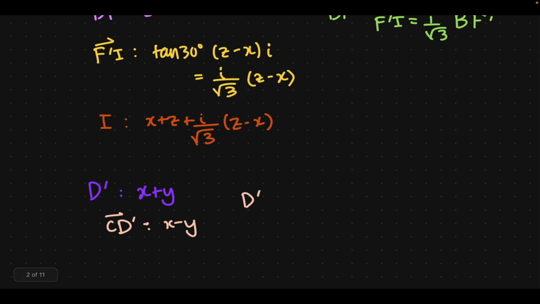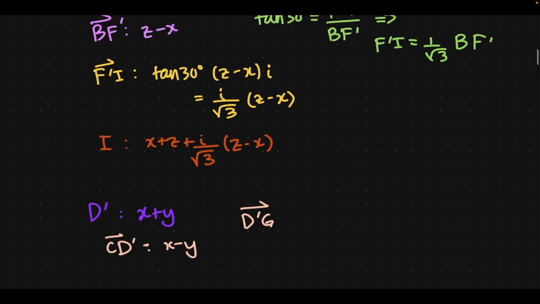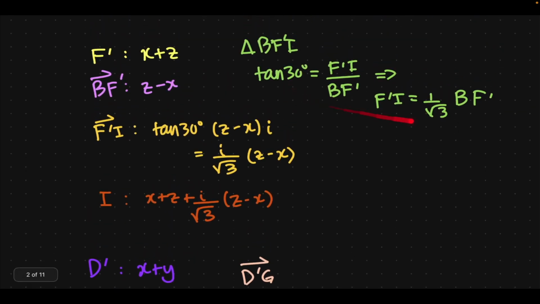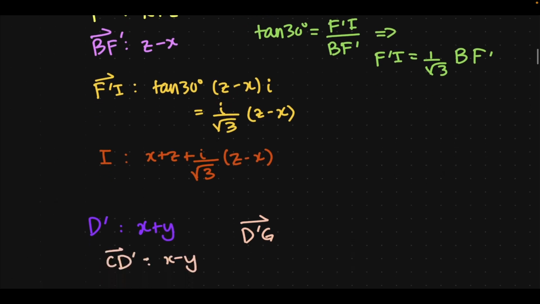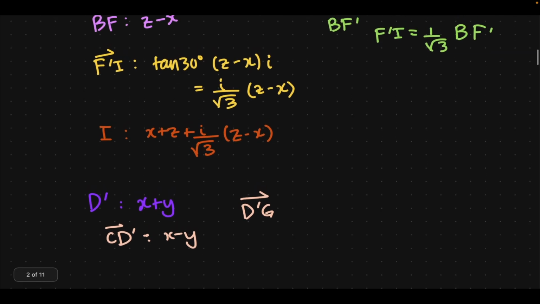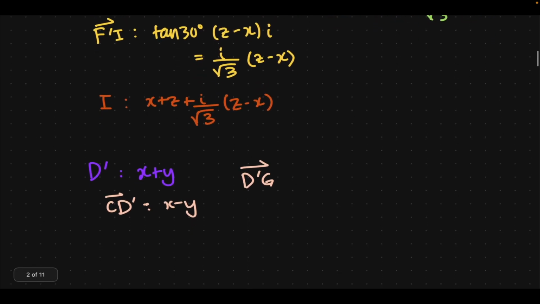We have D prime G, similar to the entire discussion before, is just going to be I over root 3, sorry, times vector CD prime.